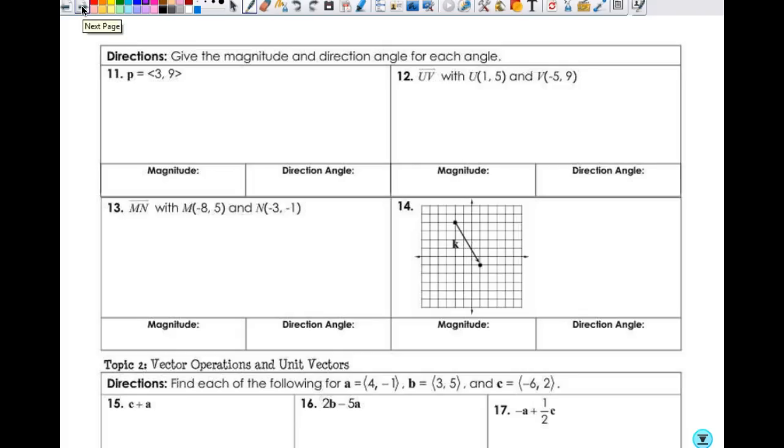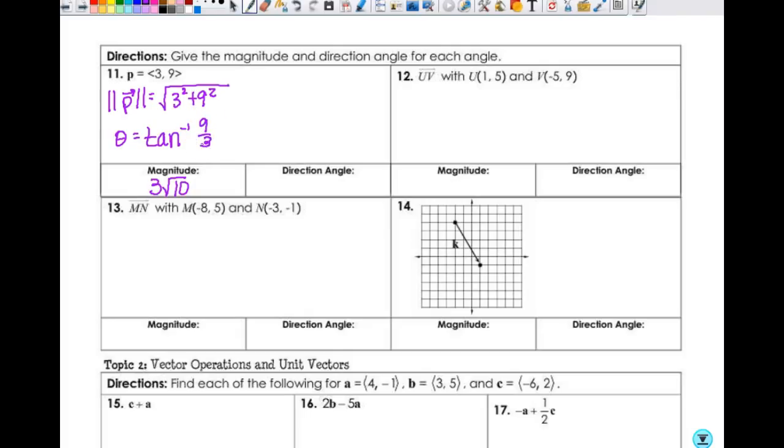All right, back to vectors. It says give the magnitude and direction angle for each vector, right? Remember this is component form. In order to find the magnitude of P, it is just equal to the square root of 3 squared plus 9 squared. So that's going to give you 3 square root of 10. The direction angle, theta, is equal to the tangent inverse of y over x, 9 over 3.